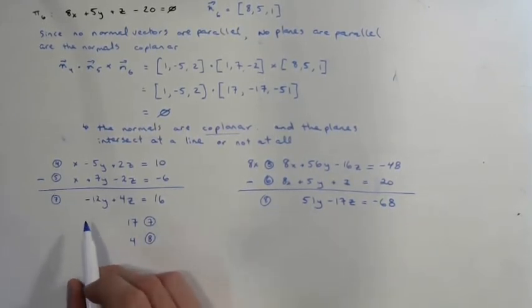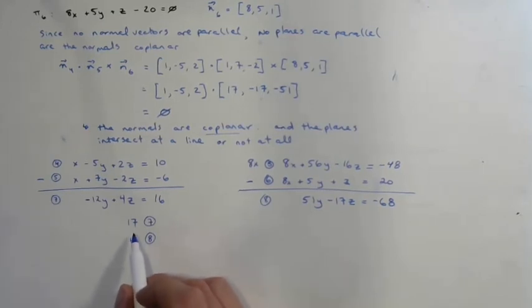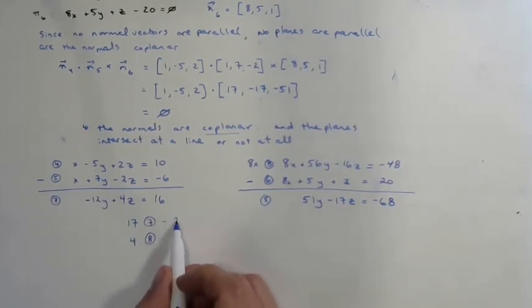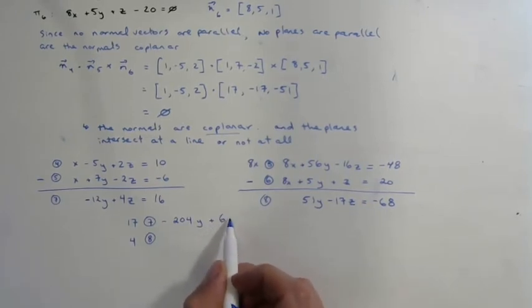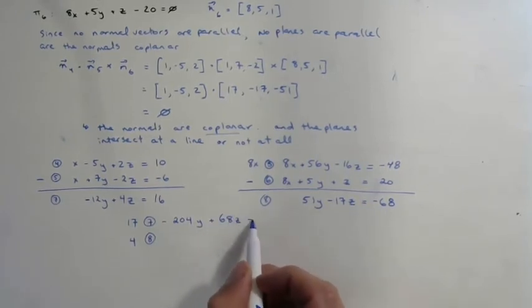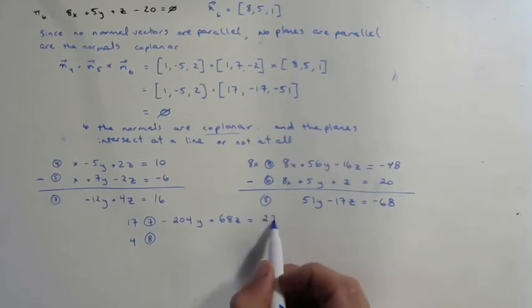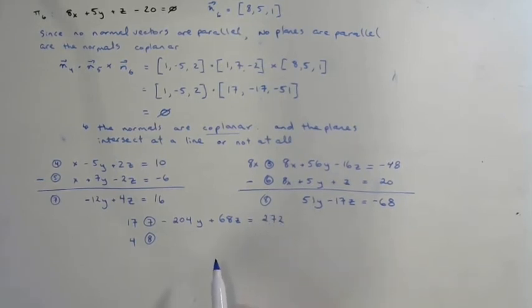So here we go. We've got negative 12 times 17. That's negative 204y. We've got 68z equals 272.